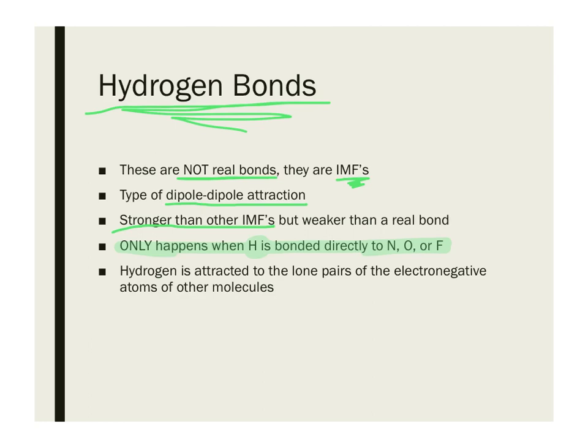And the hydrogen from one molecule is attracted to the lone pairs of the other molecule, which is the electronegative part, which is the N, O, or F elements. And we'll see an example of this in a second.